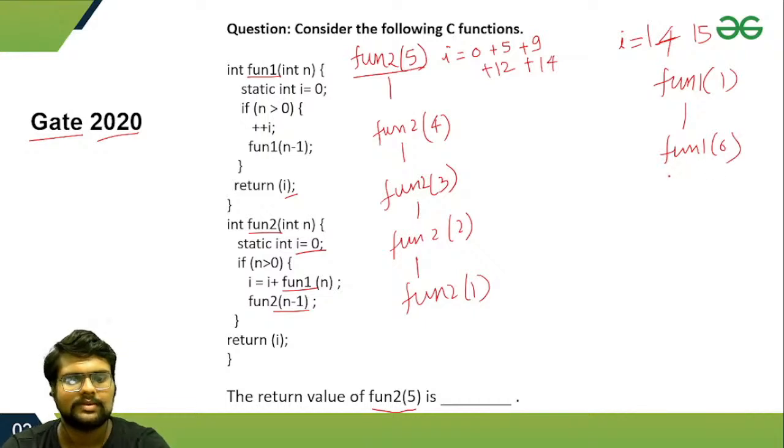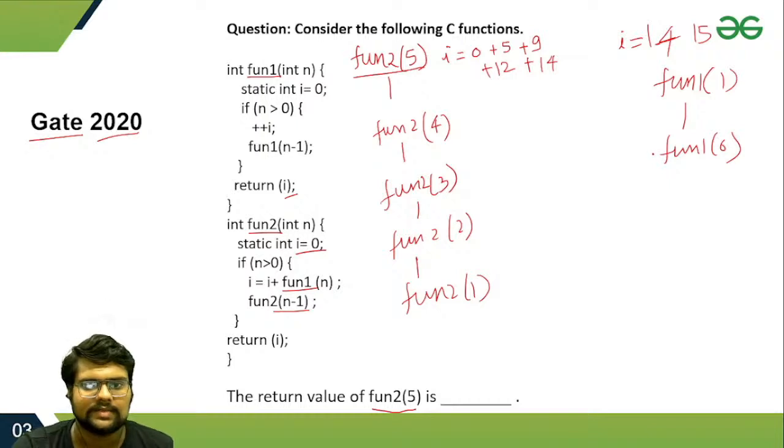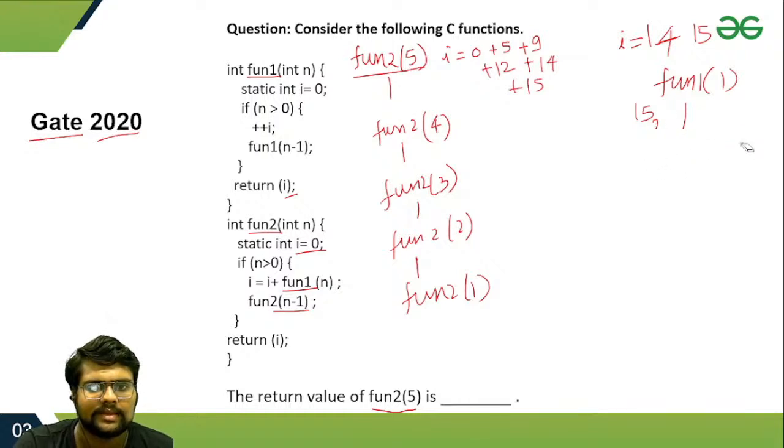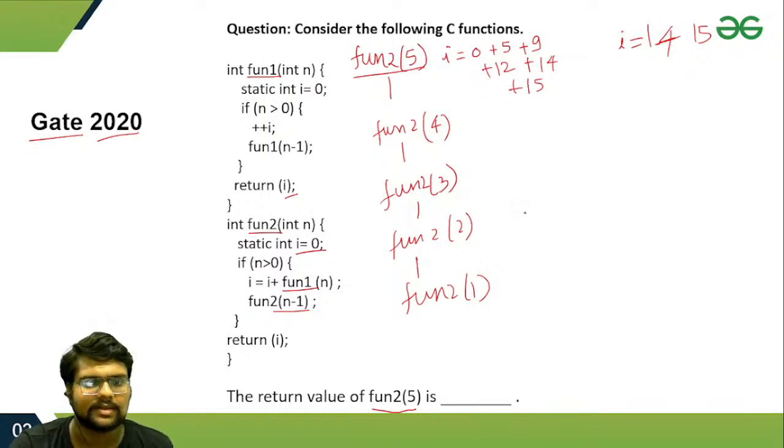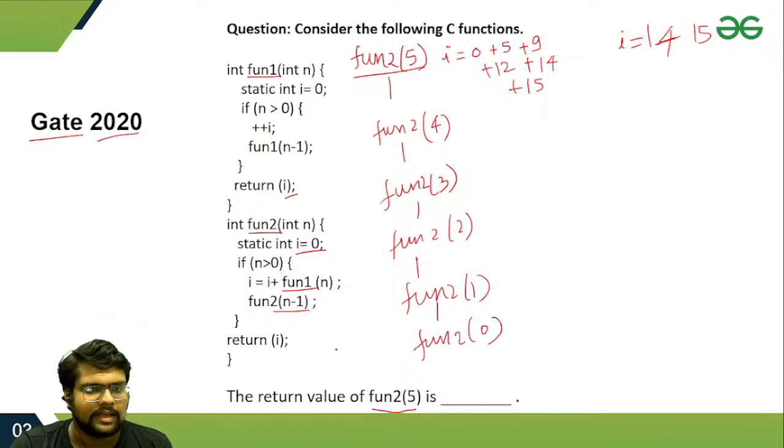The value of I is 15, so 15 will be returned, so here we will add 15. After this F1 gets over. Now fun2 of 0 will be called, and it is not greater than 0, so we will just return the value of I.